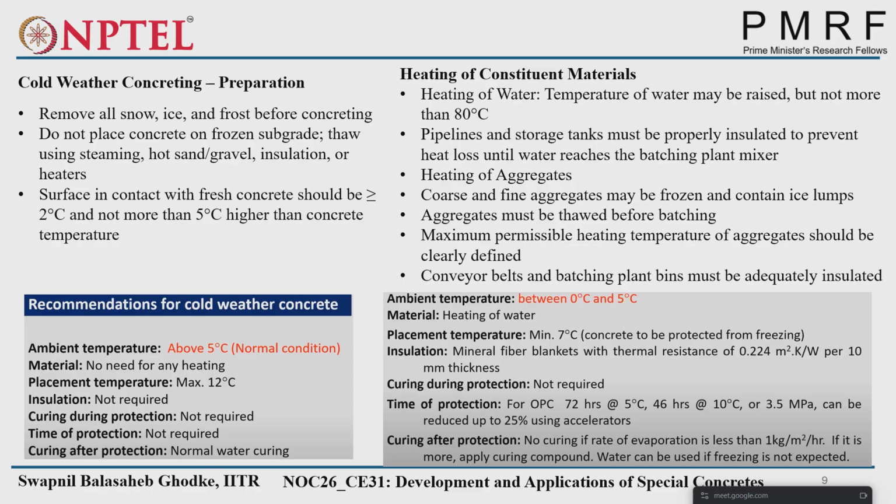This is the minimum protection period: 72 hours at 5 degrees Celsius and 46 hours at 10 degrees Celsius. But if you are using an accelerator, they say it can reduce by up to 25%. How will we understand that? If we get the 3.5 MPa strength, after that there is no need to protect the concrete. So the maximum criterion is 3.5 MPa strength according to the ACI code.